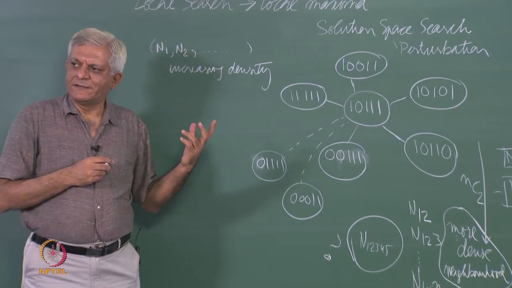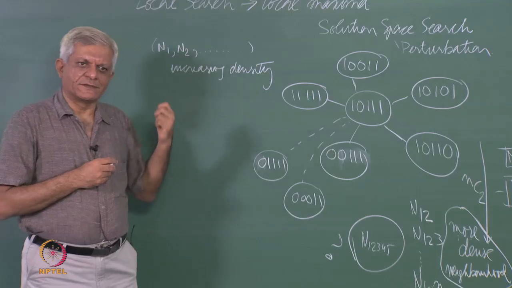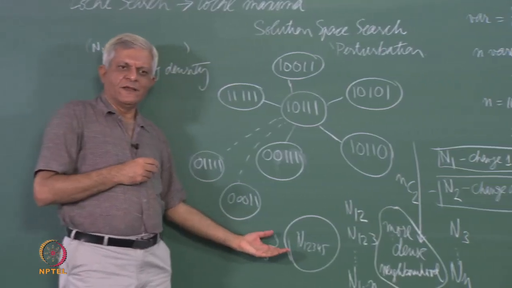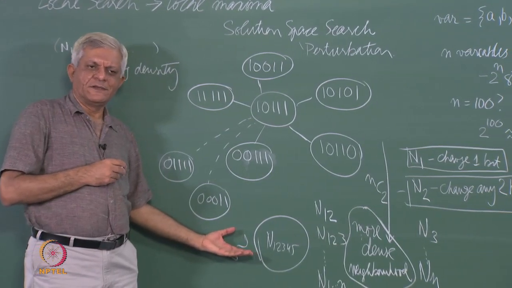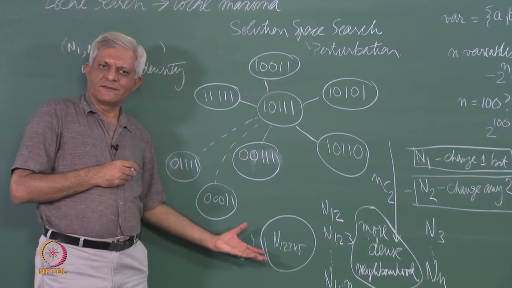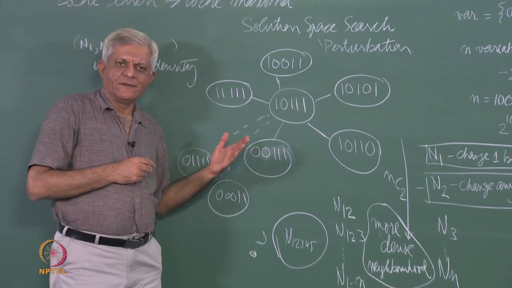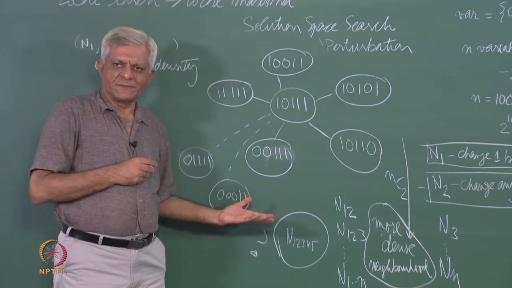Remember that we said generate all the neighbors. If you are choosing this as a move gen function and using hill climbing, what are you doing? You are just doing brute force, saying generate all possible states and then pick the best one amongst them.